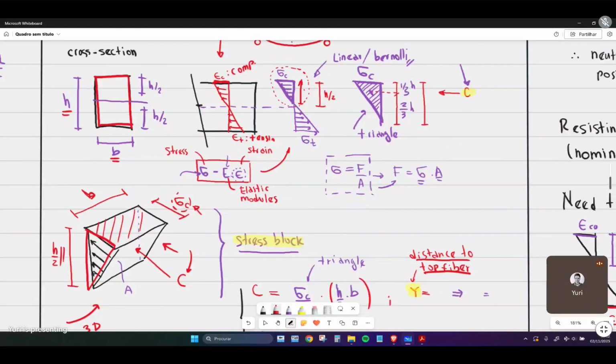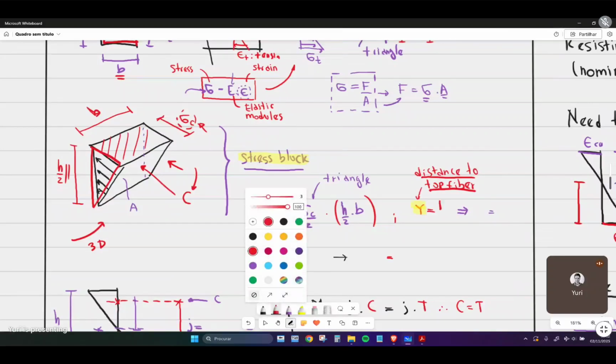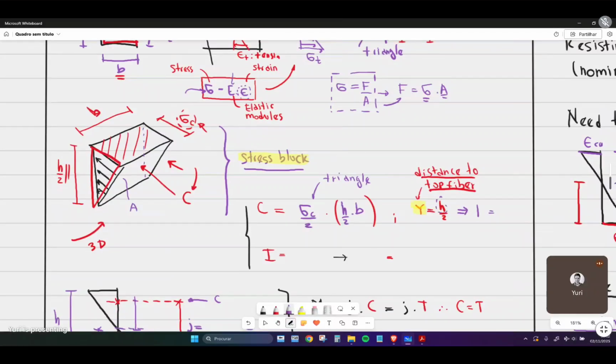That would be the maximum distance y, the distance between the center of mass and the most stressed fiber. Usually for a rectangle section it is h over 2, half of the section's height. And if we isolate h, h would be 2 times the distance to the top fiber.